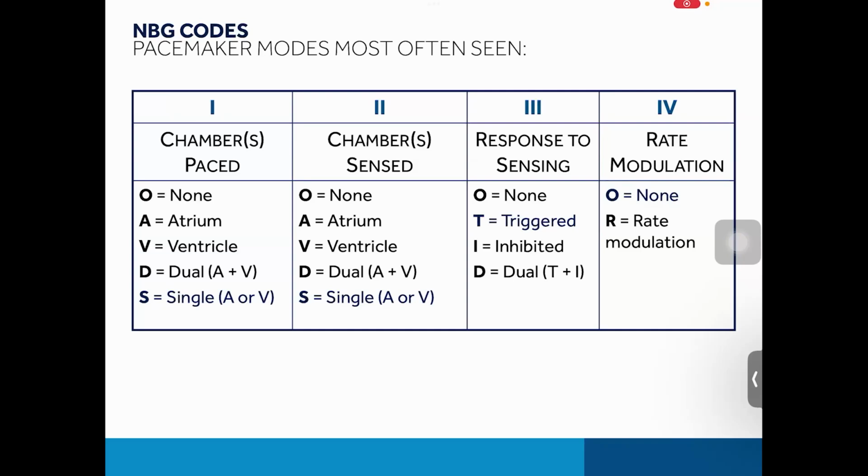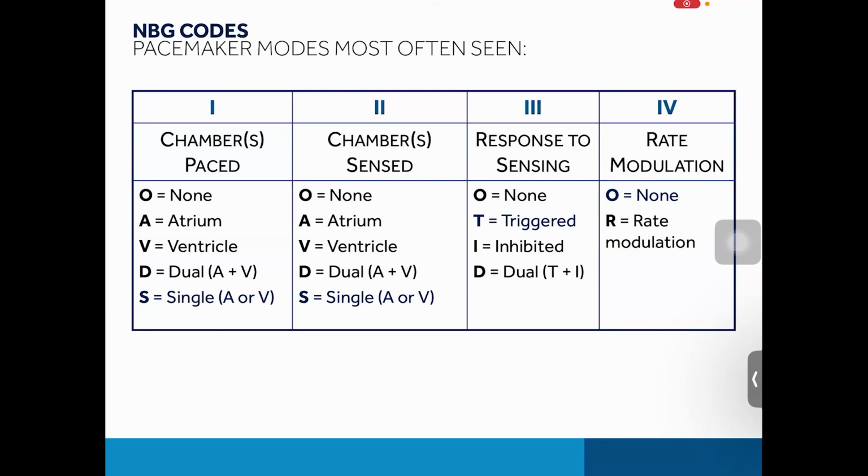This nomenclature is very important: how we differentiate between the pacemaker, single chamber or dual chamber, and differentiate the mode. The mode consists of four letters.